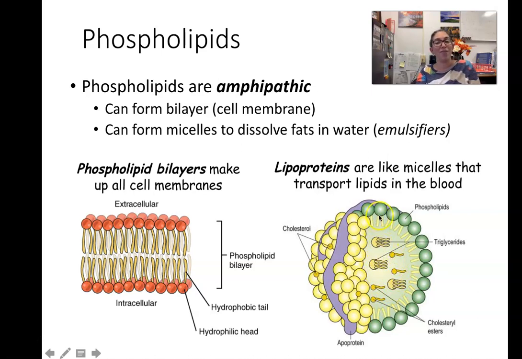Where it's comfortable, it can interact with these nonpolar tails. And the surface of that lipoprotein is made up of all hydrophilic head groups. So it allows us to transport fats and fat-soluble vitamins, other nonpolar substances through the body. It can also help us to break up fats into smaller droplets. We'll talk about one of the roles of cholesterol as an emulsifier, something that helps us to dissolve fat in water.